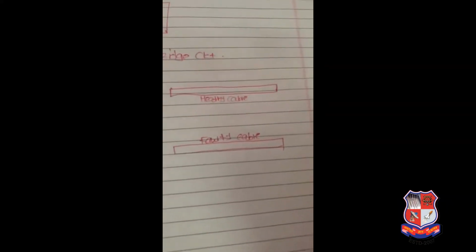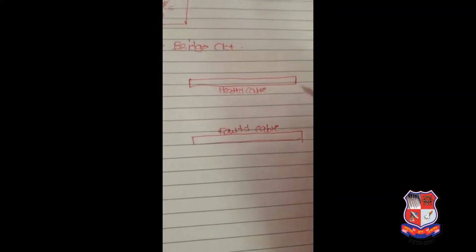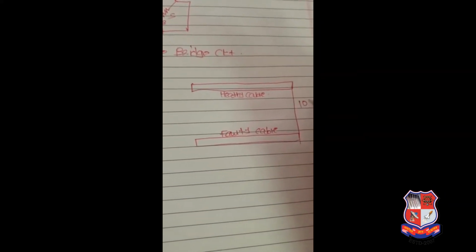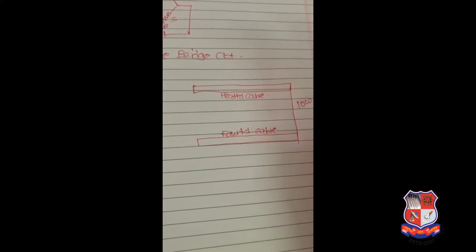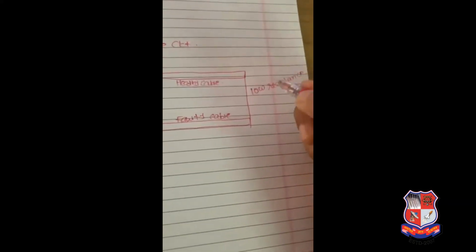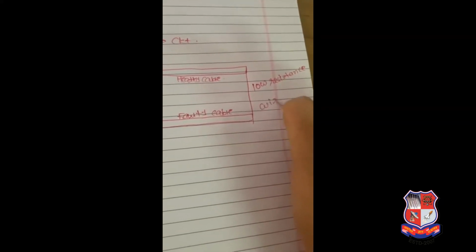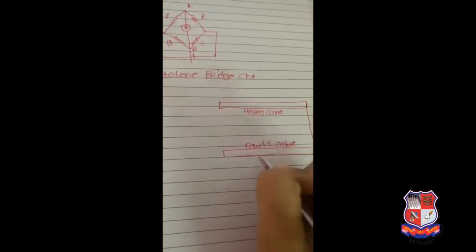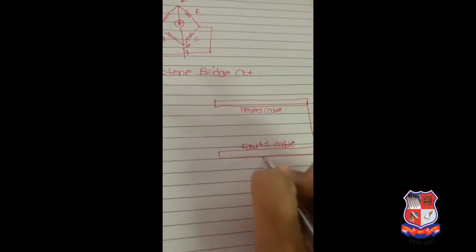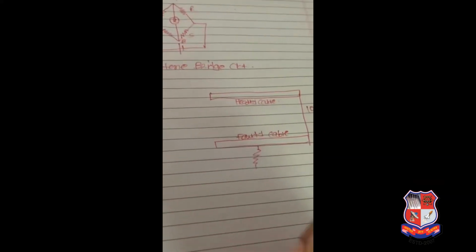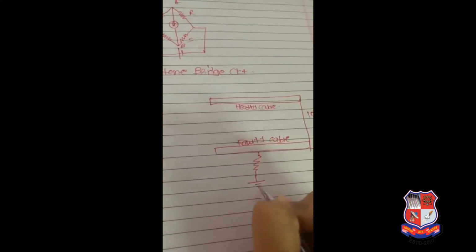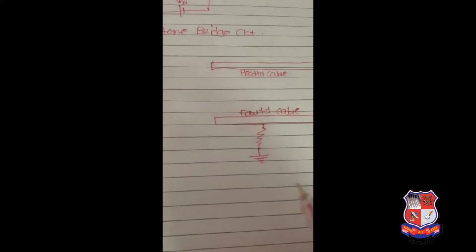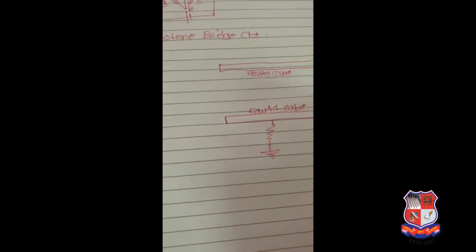These 2 cables are connected with a common link using low resistance wire. Now, assume that the fault occurs here, and the fault connects to the ground. Take this as a test point.